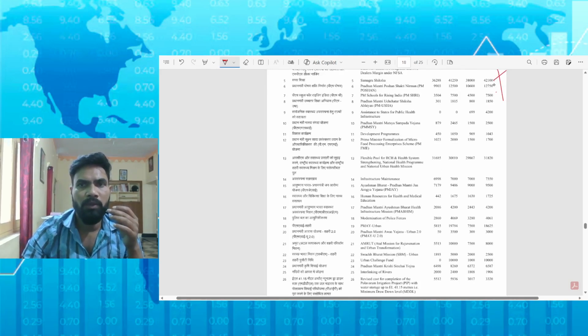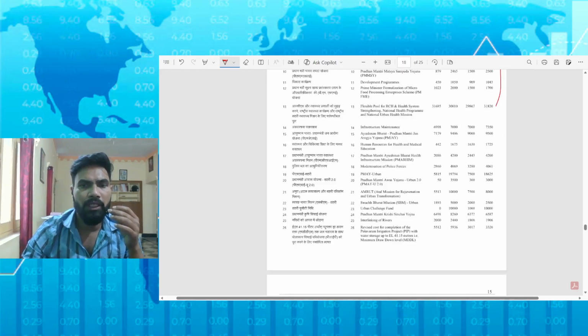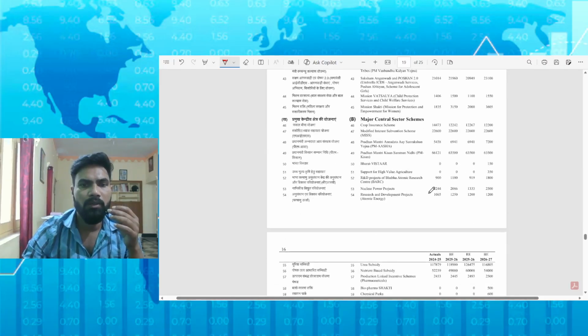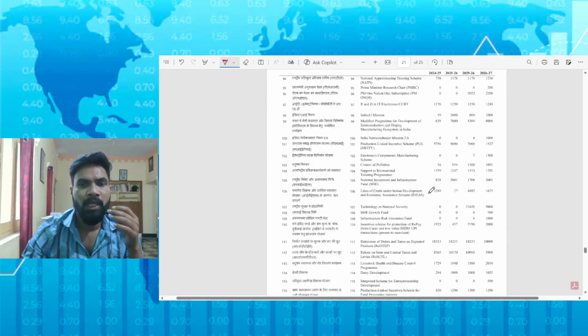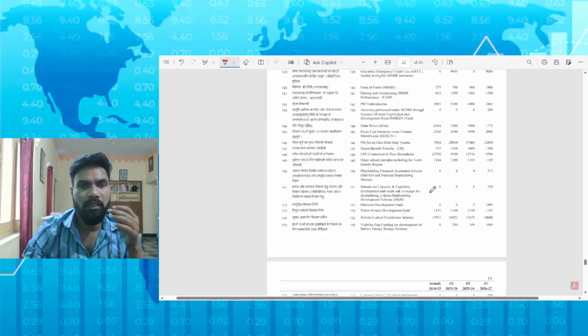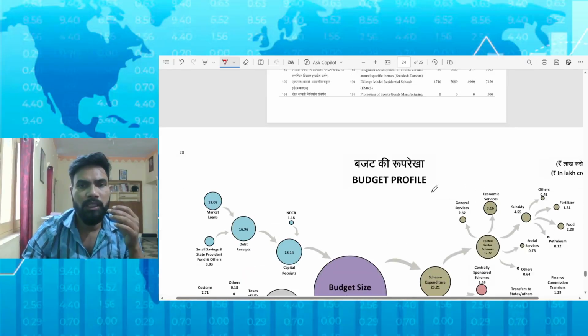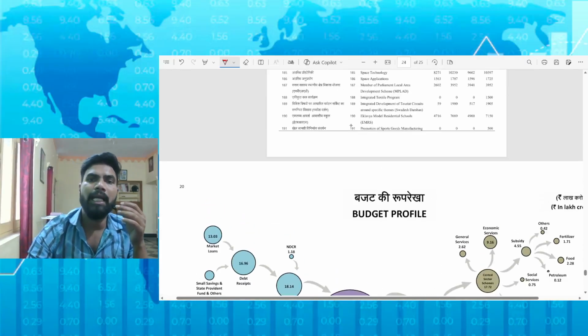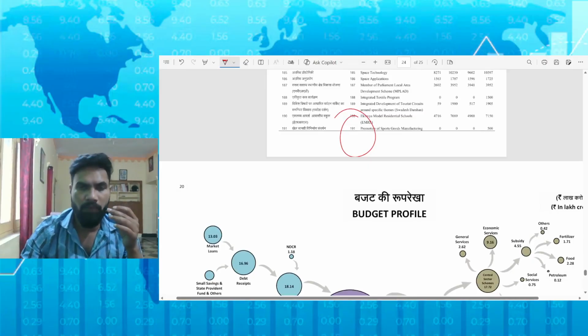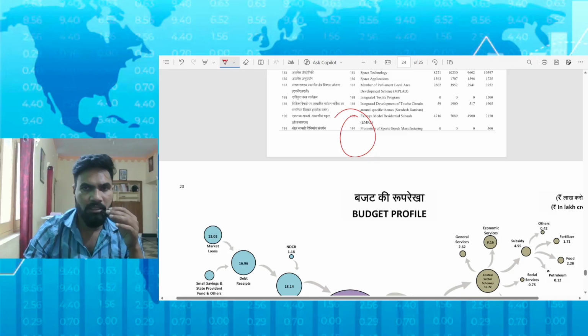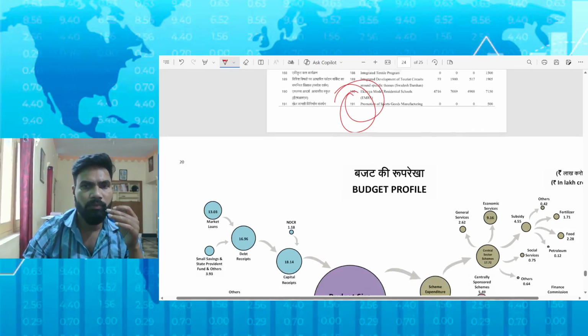Poshan Abhiyan, 12,000 crore rupees, etc. Major allocations you can go on looking at for various schemes. In total, there is allocation for schemes numbering 191. So centrally sponsored schemes and central sector schemes together are 191 schemes.